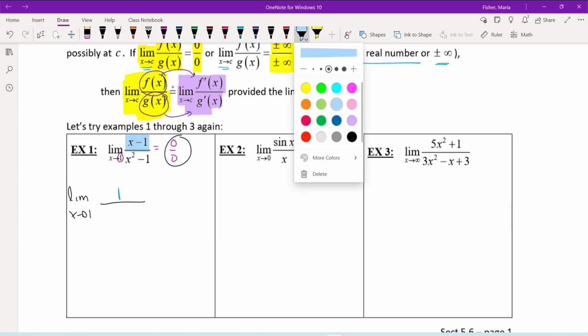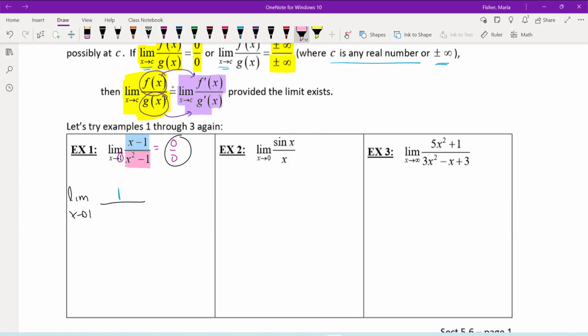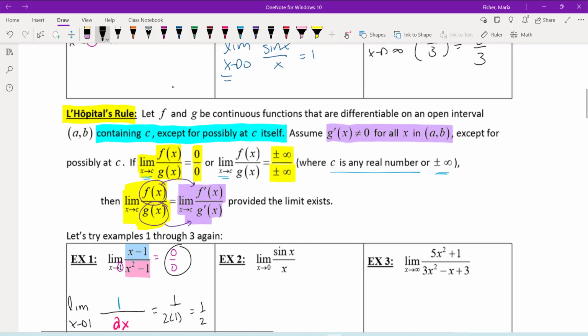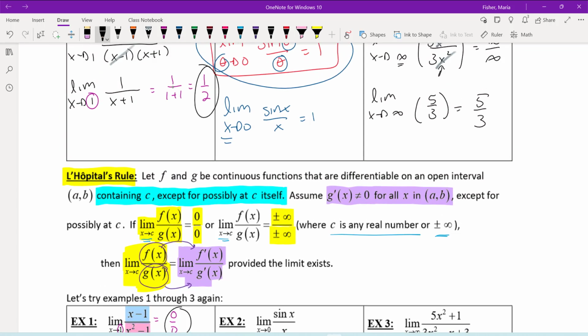Then take the derivative of the denominator. The derivative of x squared minus 1 is 2x. After you take the derivatives, try taking the limit again. Direct substitution gives 1 over 2 times 1, or a half. Notice this is exactly what we got using the methods we learned in Calculus 1.